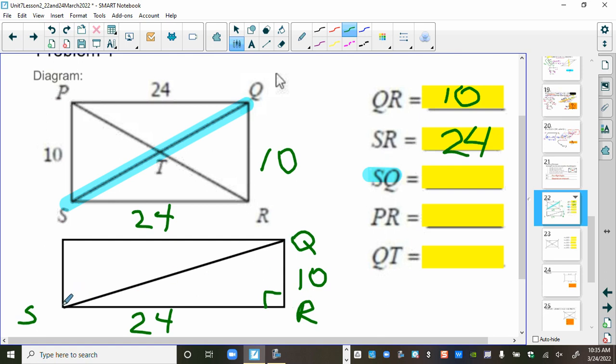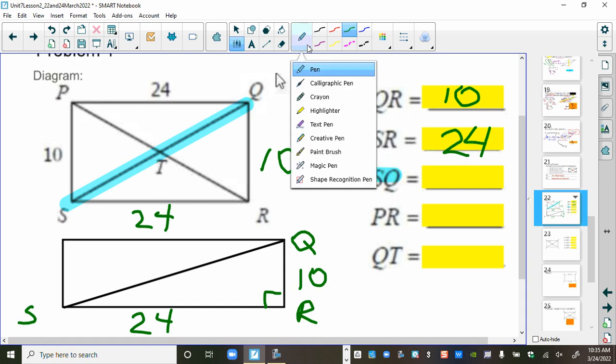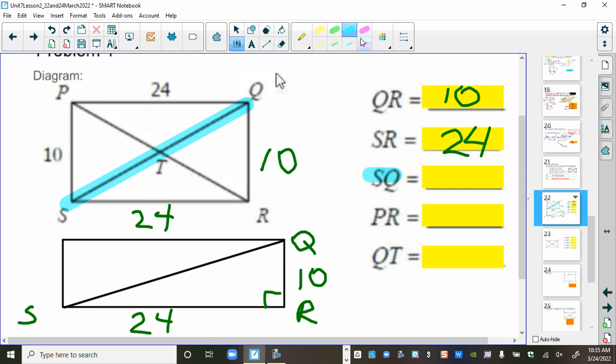So what could this distance from S to Q be, if we just look at, all right, I'm going to shade this part in right here. Then it's our right triangle, right? What could that distance from S to Q be? That's our right triangle.